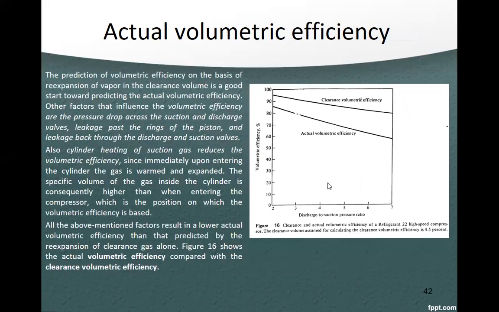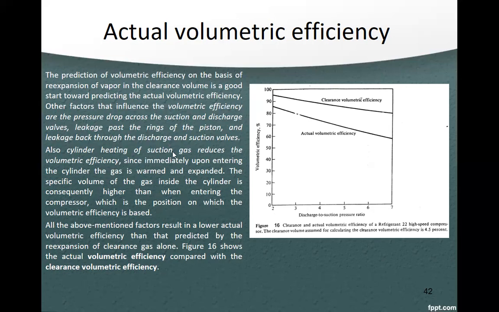Actual volumetric efficiency. Ito kasing clearance volume efficiency prediction. The prediction of volumetric efficiency on the basis of the expansion of vapor in the clearance volume is a good start toward predicting the actual volumetric efficiency. Other factors that influence the volumetric efficiency are the pressure drop across the suction and discharge valve, leakage past the rings of the piston, and leakage back through the discharge and suction valve.